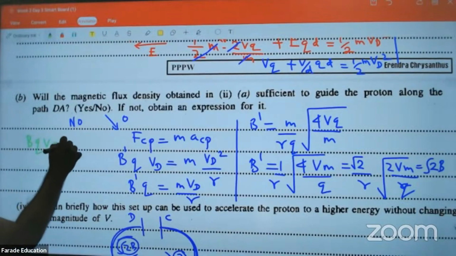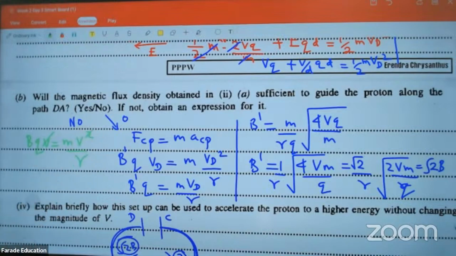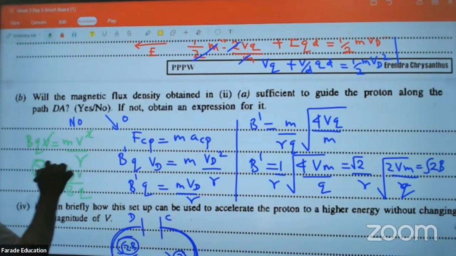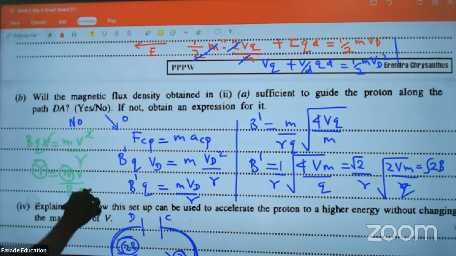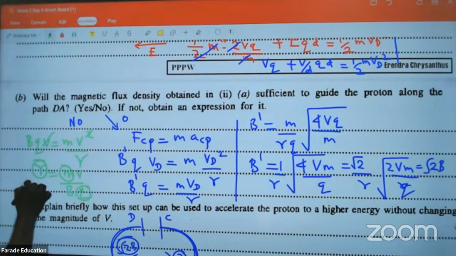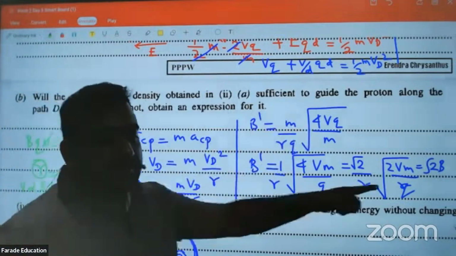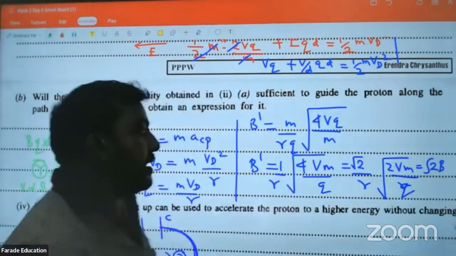BQV is equal to mv squared over radius, v cancels off. R is equal to mv divided by BQ. R is constant, mass is constant, charge is constant, you can see v is proportional to B. If velocity becomes root 2 times, magnetic field also becomes root 2 times.